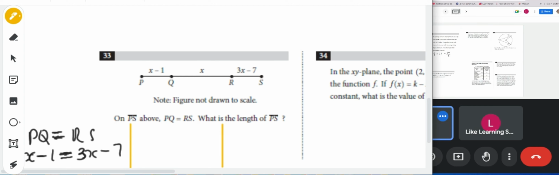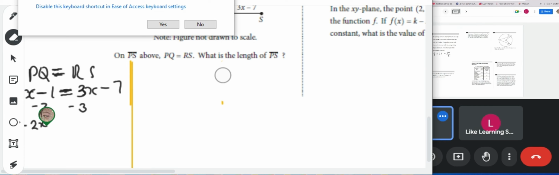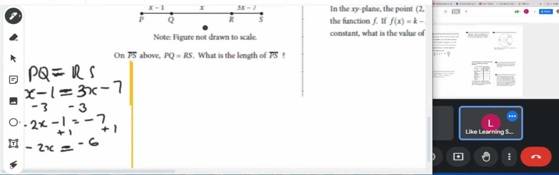So you're solving the equation. Minus 2x is equal to minus 6, which gives x equal to 3.